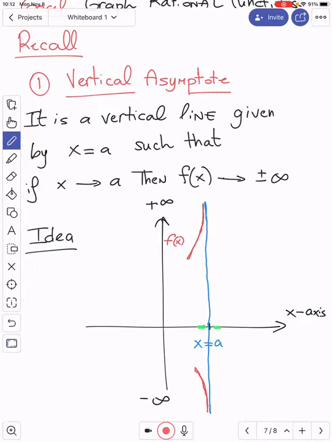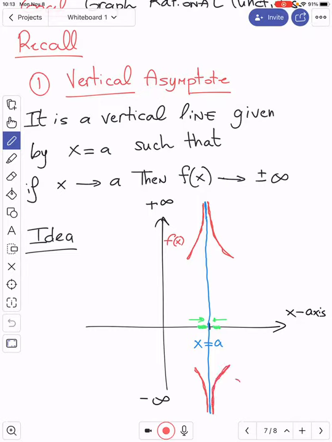Here's the same thing on the other side. It's going to be very close to this vertical asymptote as x approaches a. Again, the variable x approaches a, you're approaching x equal to a. Here you can have something at negative infinity. So the graph is going to look like the following.